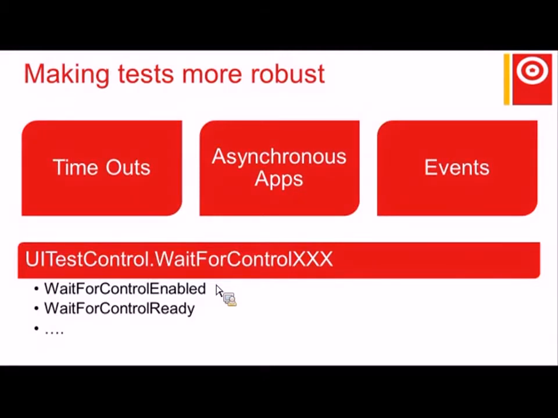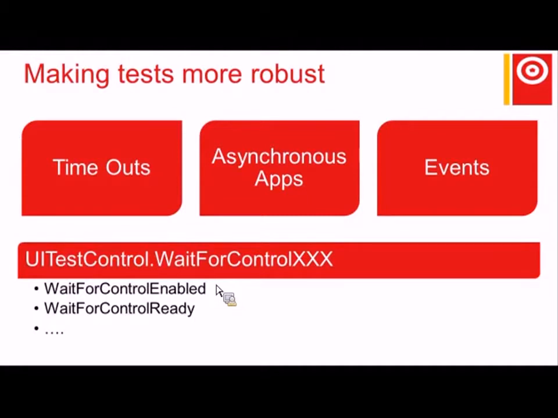The coded UI system works very hard to make sure that what is on display is there and correct, and so most of the time it will do the necessary waiting for us, but under some conditions we have to do the waiting ourselves.